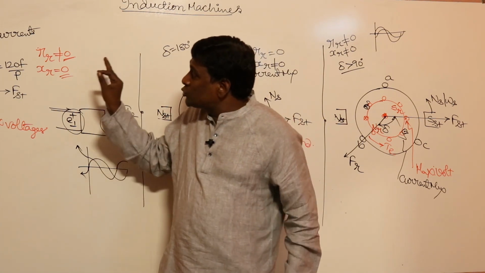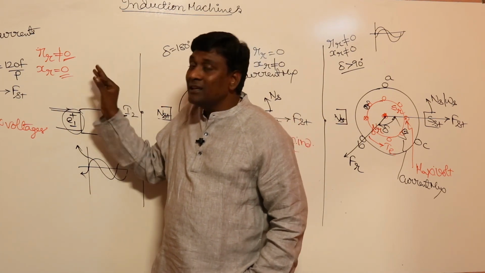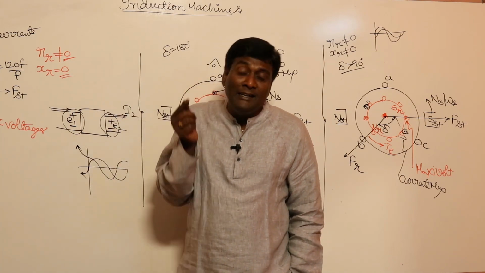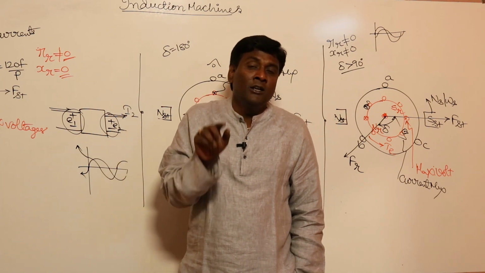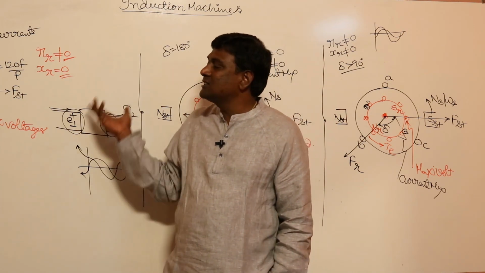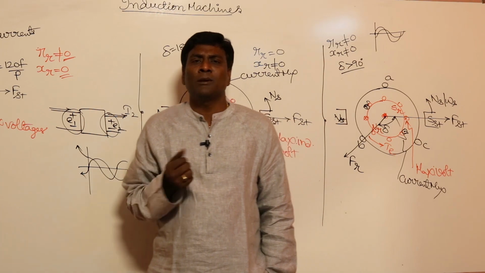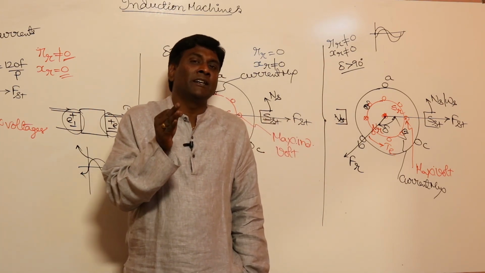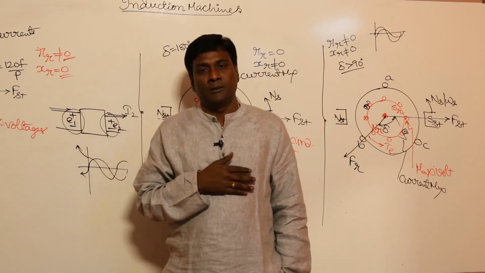Why? Rotor should have resistance. If the rotor has resistance, then only torque will be developed. So even in ideal conditions of an induction machine, rotor resistance will be there, rotor currents flow, and because of that rotor copper losses should be there. So even in ideal conditions, efficiency should be less than 100%.